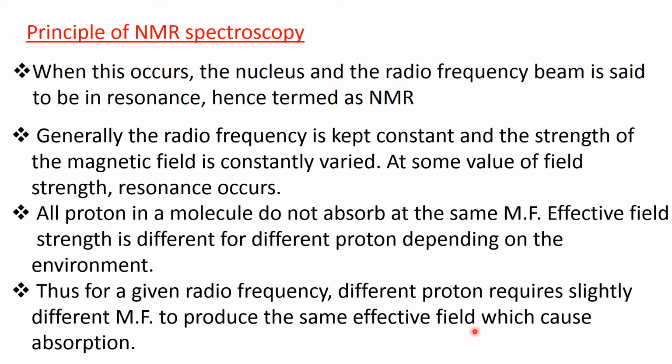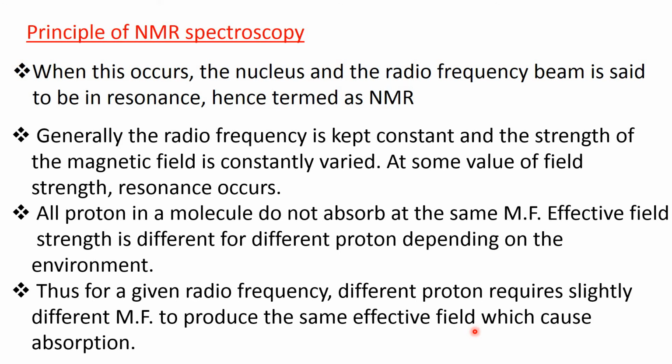In the presence of the external magnetic field, these magnetic nuclei absorb radio waves, and transition occurs from the lower energy state to the higher energy state under the condition of resonance. What is resonance? Resonance is when the radio frequency is equal to the precessional frequency of the nucleus, or the energy of the radio waves is equal to the energy difference between the two energy states. Then flipping occurs. So this is the principle.